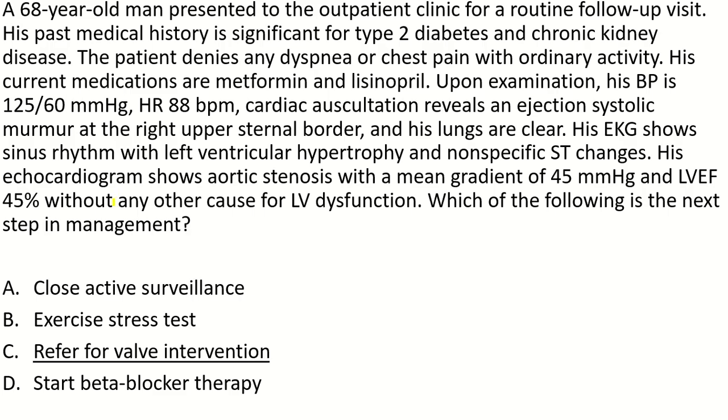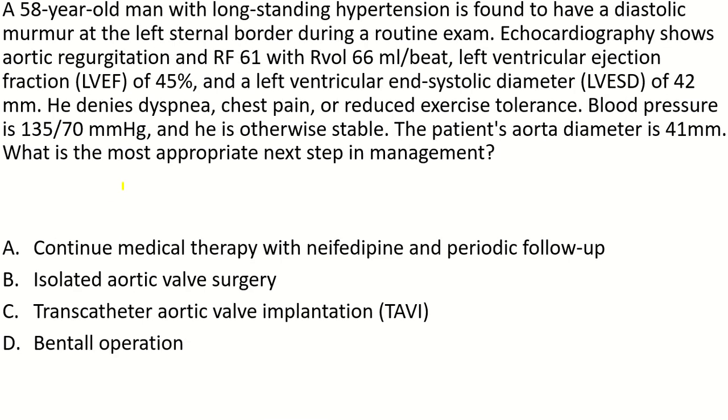Okay, so the next question comes with a 58-year-old man with long-standing hypertension. He is found to have a diastolic murmur at the left sternal border during routine examination, so the patient currently has no symptoms. However, he has an incidentally discovered murmur.